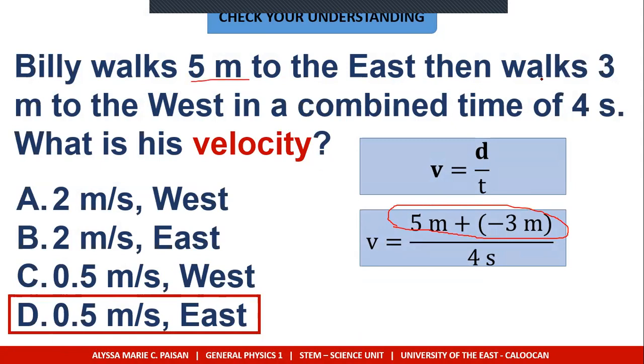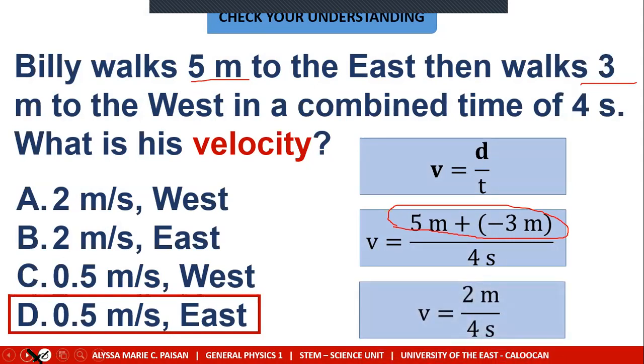You subtract the magnitudes, that's 5 minus 3, that's 2, and then you divide it by 4. That's 2 meters divided by 4 seconds, equal to 1/2, or 0.5 meters per second. Where did we get the direction east? Again, since 5 is greater than 3, we copy the direction of 5, which is east. That's why the final answer is letter D.